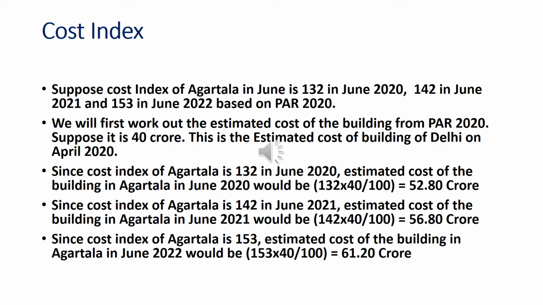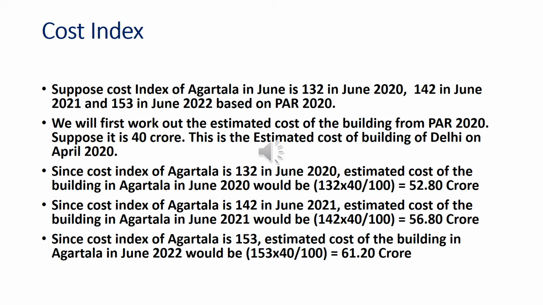Suppose we want to know the estimated cost of a building in Agartala, where the cost index of Agartala is more than of Delhi. Suppose it is 132 in June 2020, 142 in June 2021 and 153 in June 2022, based on plinth area rates of 2020 of Delhi. Then we'll first work out the estimated cost of building as in Delhi from plinth area rates of 2020.